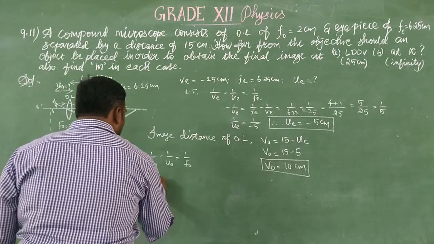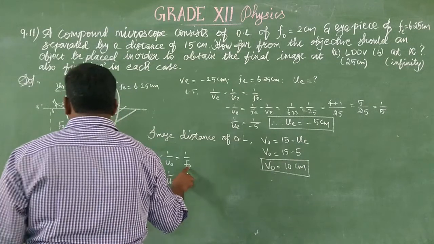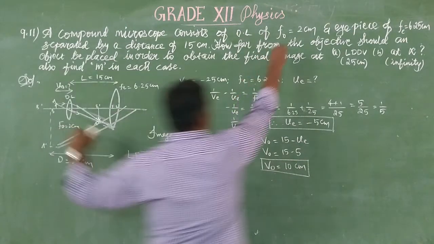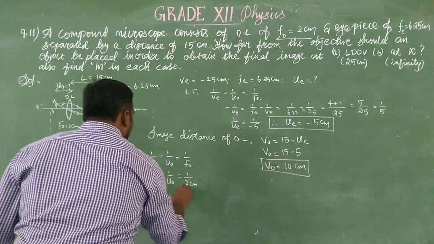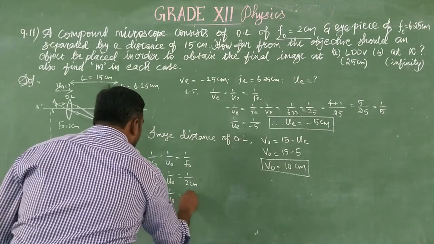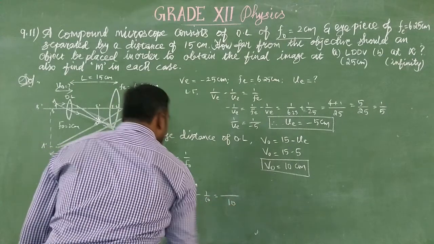V naught is 10, so 1 by 10 minus 1 by U naught, which we don't know, equals 1 by F naught, which we know. What is the focal length of the objective lens? In the question itself it is given, it is 2 centimeter. Therefore, substitute both values. Minus 1 by U naught is equal to 1 by 2 minus 1 by 10. Take LCM, it's 10.